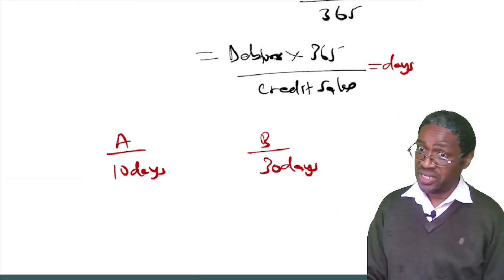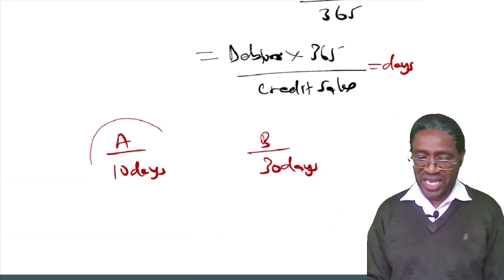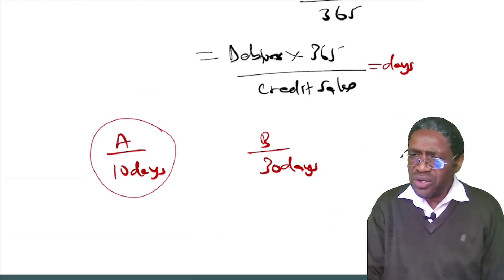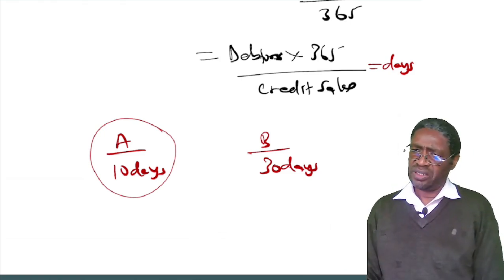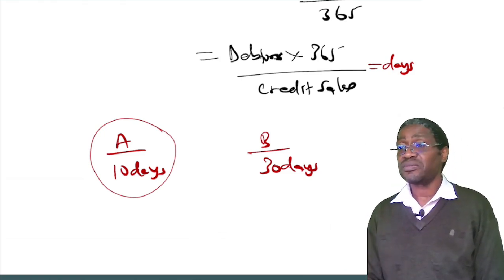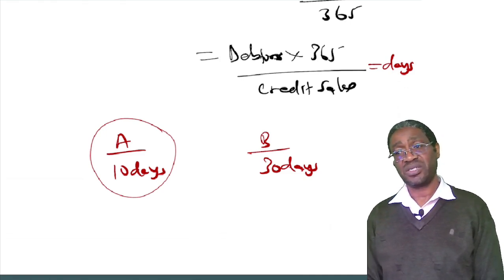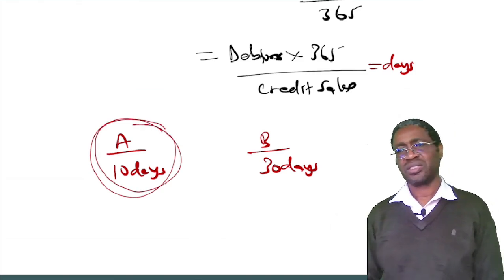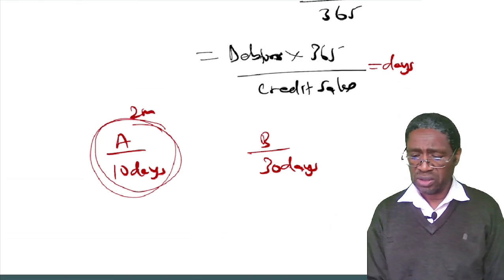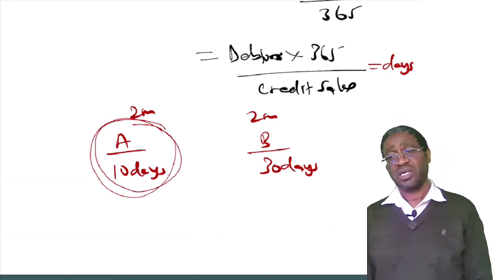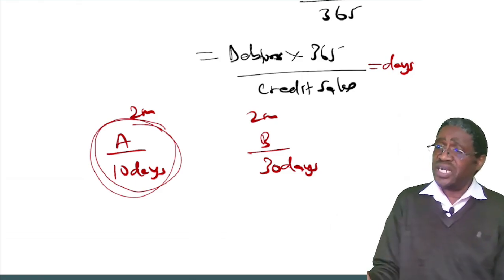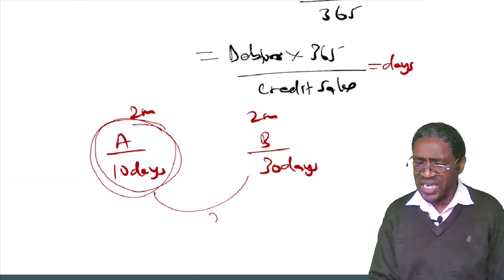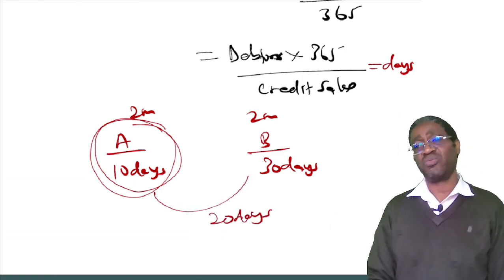It is obvious, company A is better. Why? Because they take a shorter period to collect their money from debtors compared to company B. Maybe both of us are to collect 2 million from our debtors. Me as company A, I take 10 days and I get my 2 million, while you, company B, have another 20 days to wait to collect your 2 million.